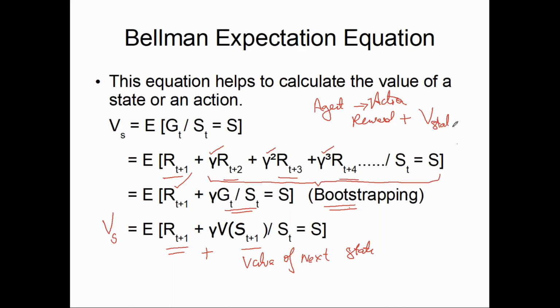This is what the Bellman expectation equation talks about. All the future rewards are clubbed together and presented as the value of the next state. So let's move ahead.